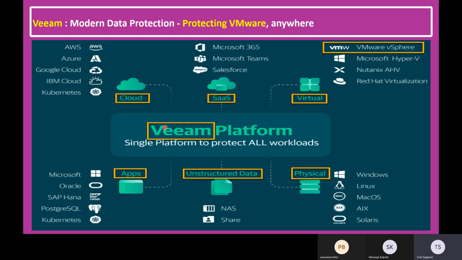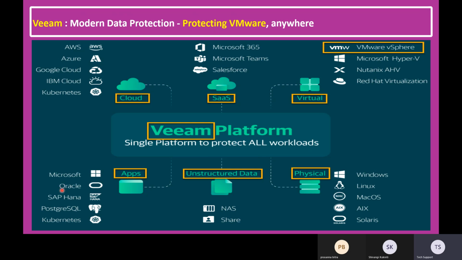All are compatible for backup using the Veeam platform. You can run these applications in a cloud environment, on your Windows physical server, or on a virtual platform. Wherever you run the application, the Veeam software is supported. It's a single platform to protect all workloads.